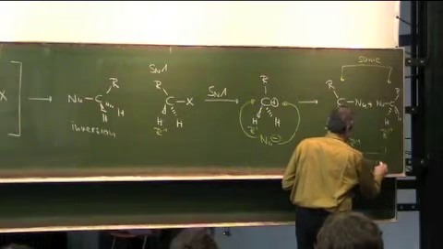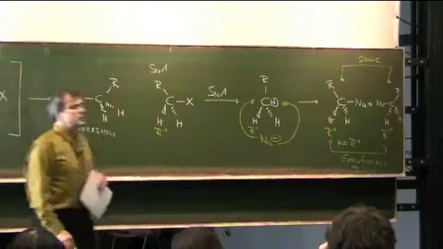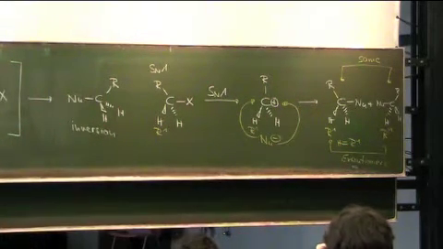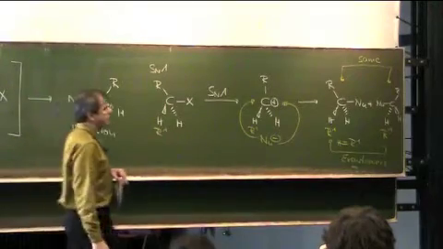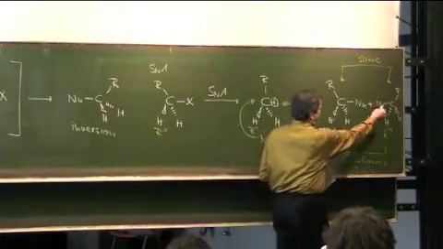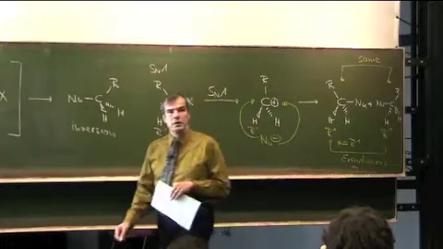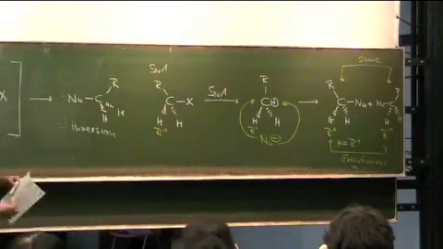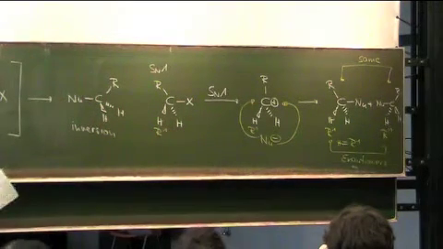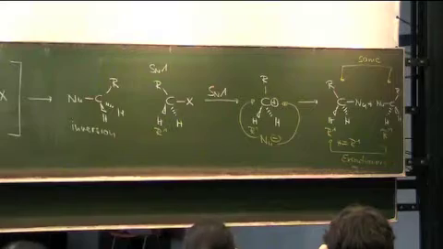And so you would be able, by simply analyzing if you have a racemic mixture or if you have one enantiomer, to distinguish between the SN1 and SN2 mechanism.